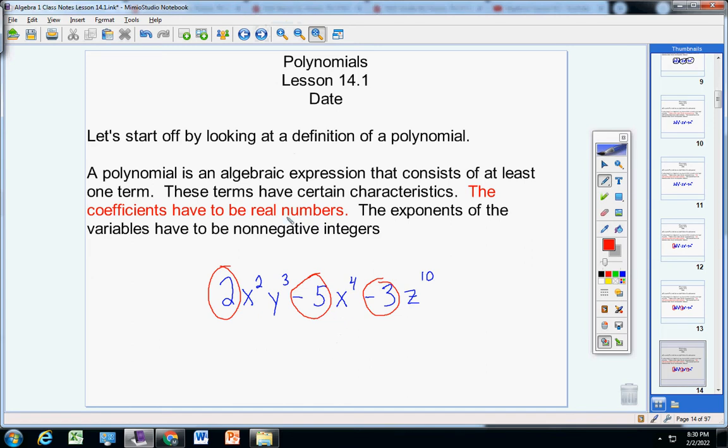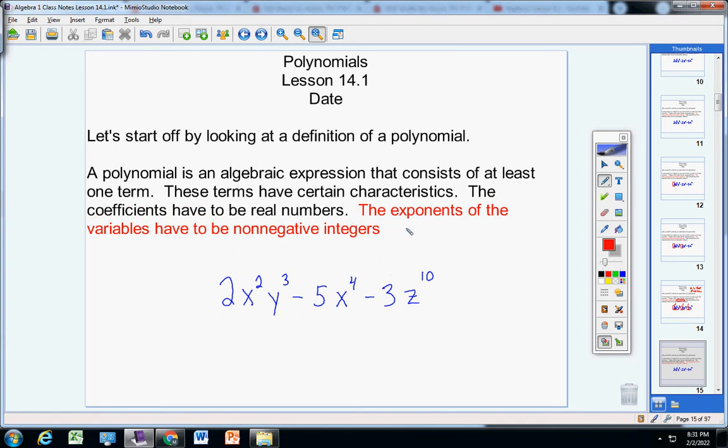In case you have forgotten what a coefficient is, it is the number in front of each term. So I've got 3 terms, 1, 2, 3, and this is the number in the front. All of those coefficients are real numbers.